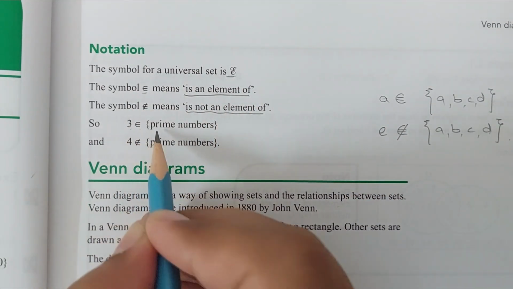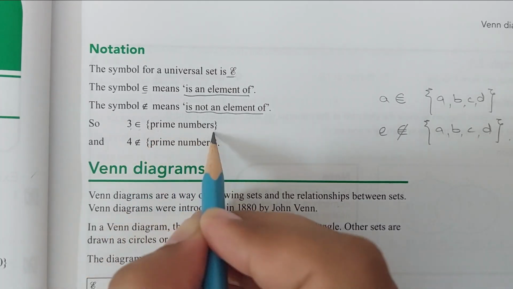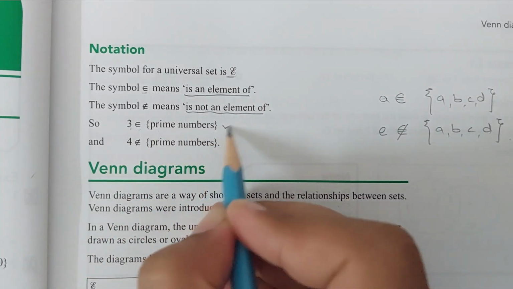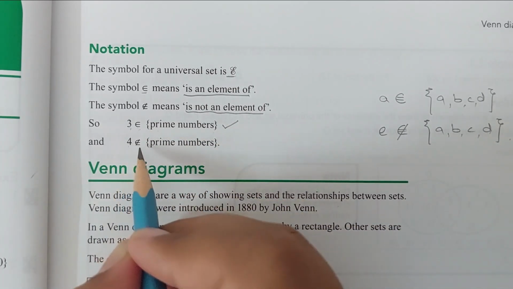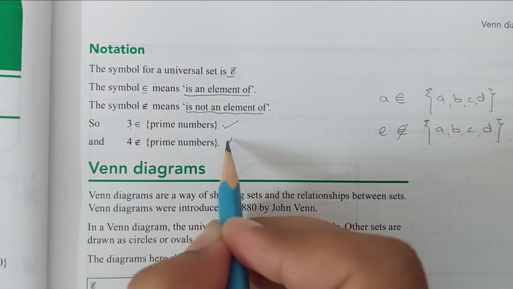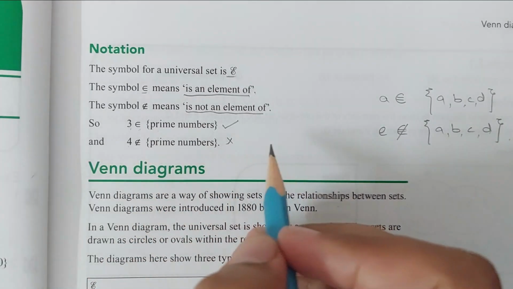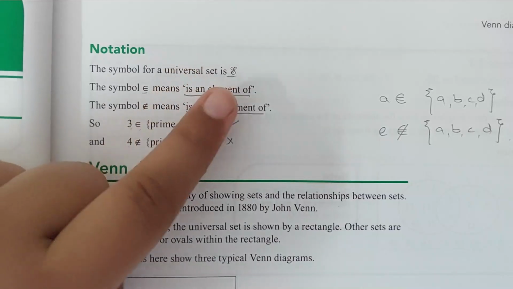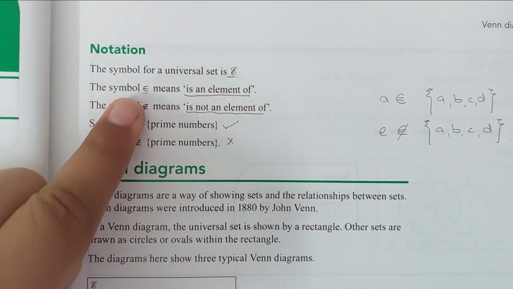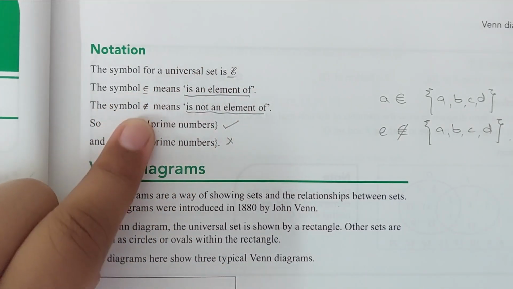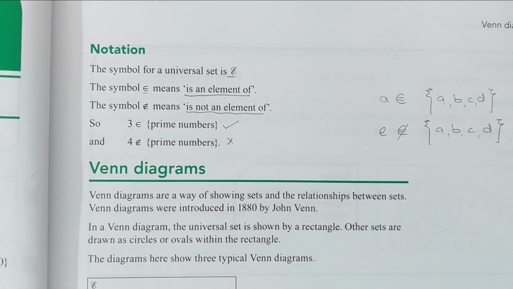So 3 belongs to, or 3 is an element of, the prime numbers. 4 is not an element of the prime numbers, because 4 is not a prime number. This symbol says it's an element of, and this symbol says it's not an element of.